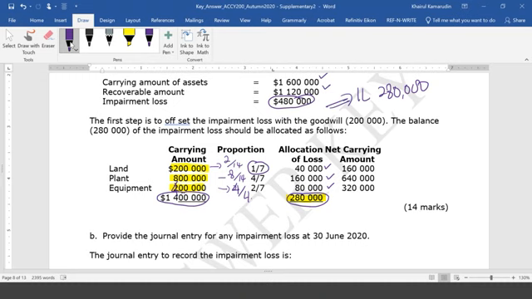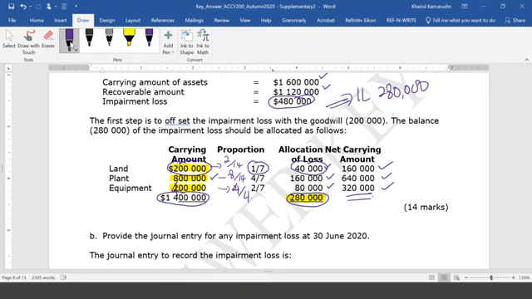Before this, the value of the land is 200,000. Now you minus 40,000, so the new carrying value will be 160,000. For plant, previously the carrying amount is 800,000 minus 160,000, the new carrying amount is 640,000. Finally, for equipment, previously the value is 400,000 minus the impairment loss 80,000, so the new value will be 320,000.